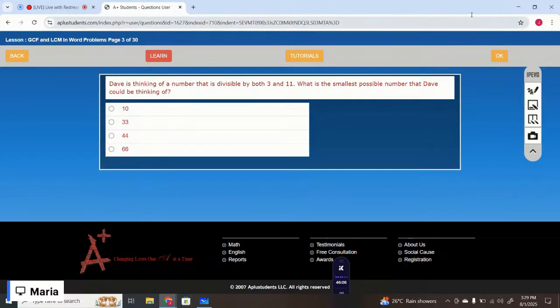Devi is thinking of a number that is divisible by both 3 and 11.